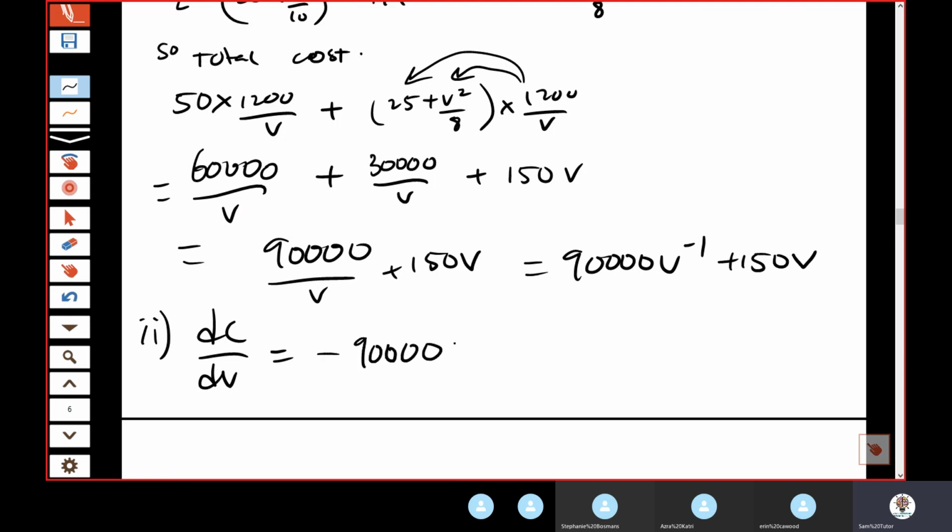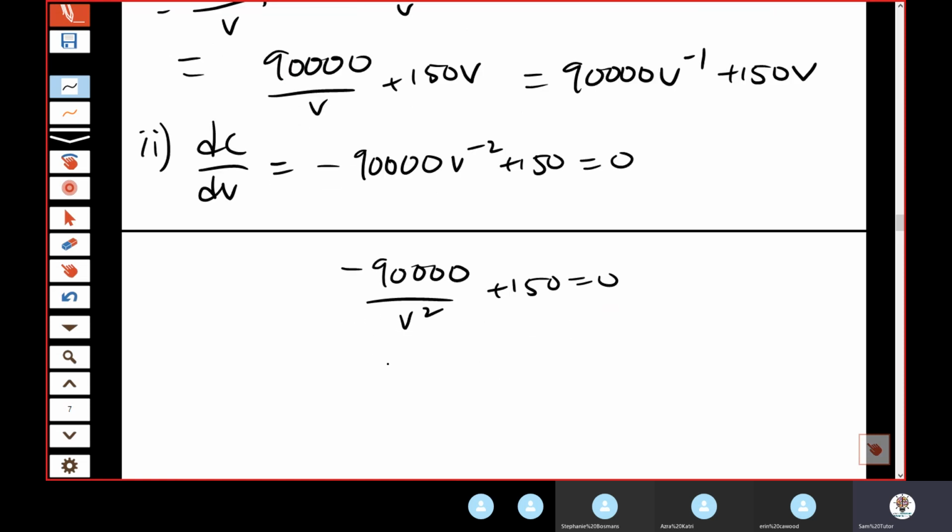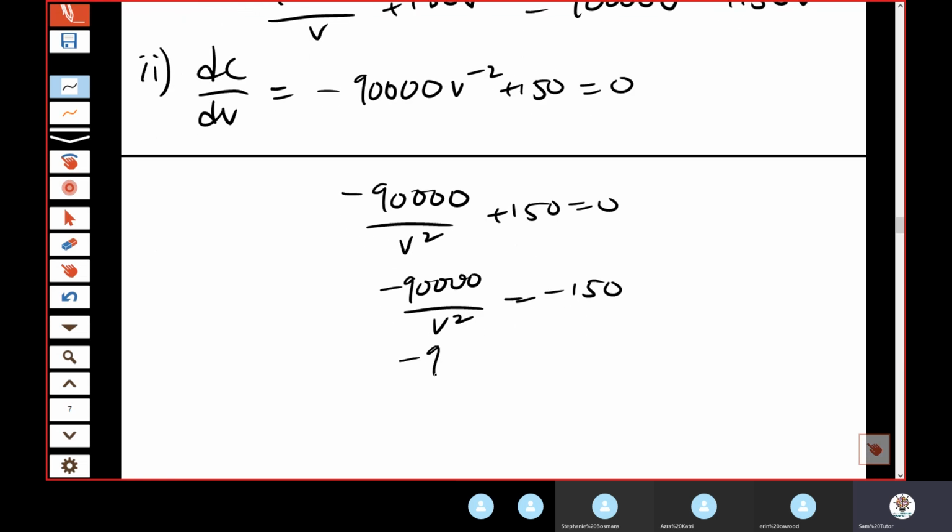Negative 90,000 V negative 2 plus 150 equals 0. Negative 90,000 on V squared plus 150 equals 0. Bring the 150 over. What would you do at this stage? Probably multiply this, divide this back. What's negative 90,000 on 150?